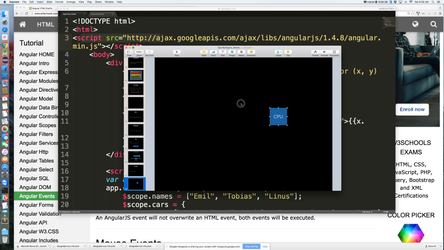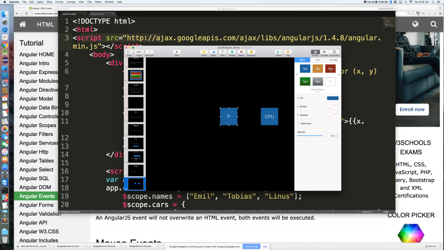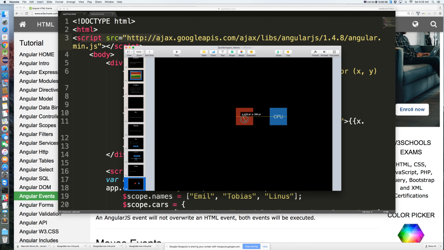So here's our CPU again. And running on this CPU, we have, let's just call this P, make him a different color. P is a process. These are all processes.